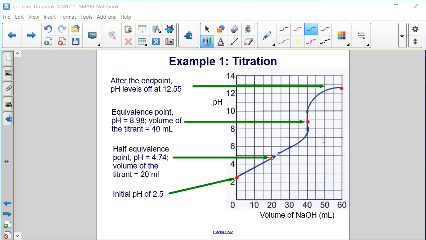At the equivalence point, the volume was 40 milliliters. The pH was 8.98. And then after the endpoint, the pH levels off at 12.55. Okay, so there's our curve. There's a visual curve of each of those points that we calculated along the way.